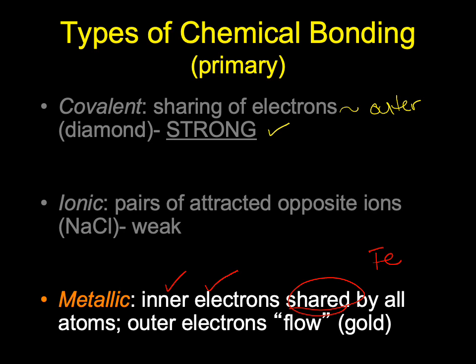Electricity essentially is just a flow of electrons. And so if you have two neighboring iron atoms, and they're literally sharing electrons from both the outer and inner shells, you're setting up a flow of electrons, and that is an electrical current. So with metallic bonds, usually with metal atoms, you're not only sharing the outer electrons, but you're also sharing the inner electrons. Very strong bond for metals.